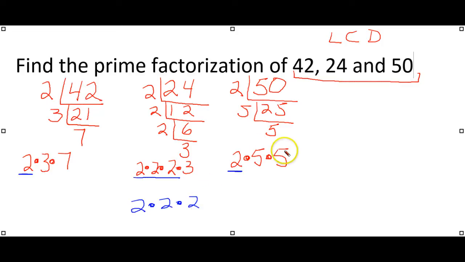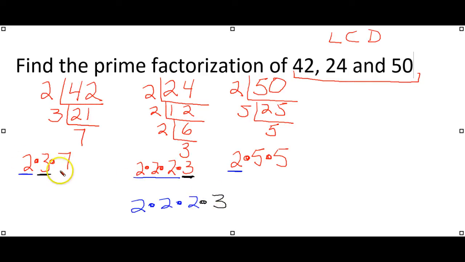Okay. Now I have another factorization. Let me change colors. And I have a 3. Well, 3 is used once here. 3 is used once there. And it's not used at all. So the greatest number of times a 3 is used in any one factorization is once. So I'll need a 3.